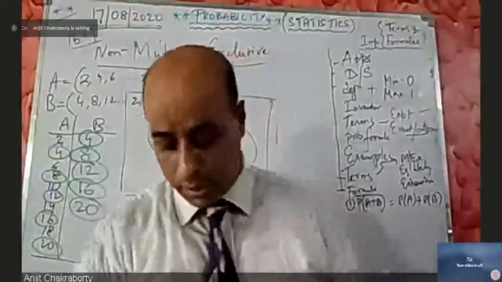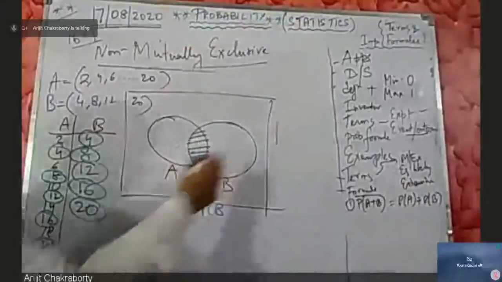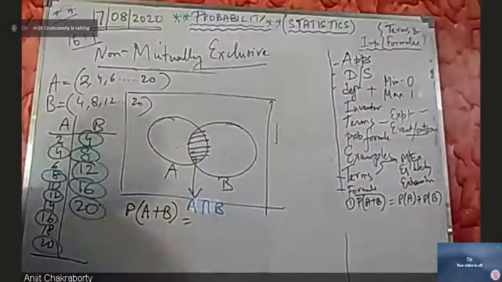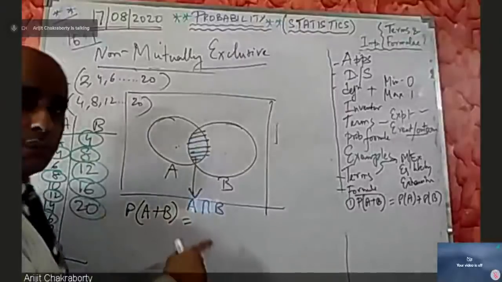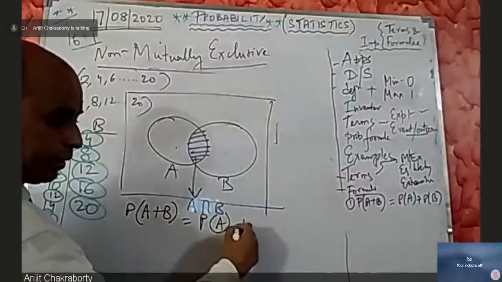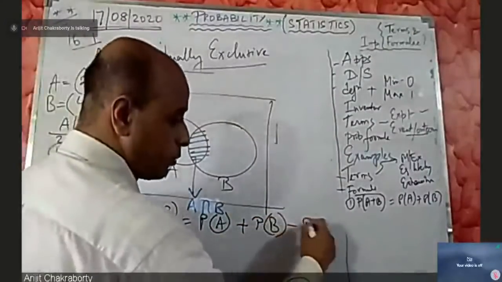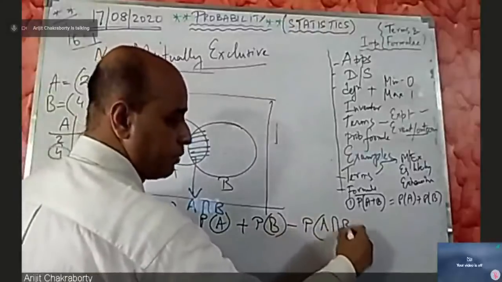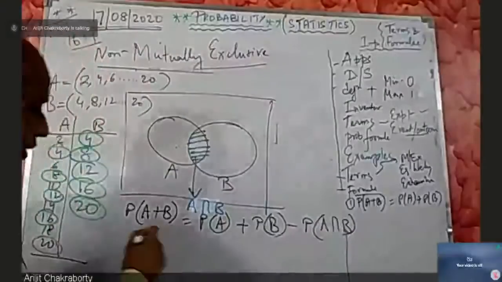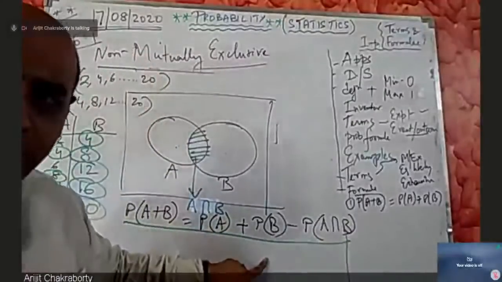In this example, if you are asked a question that for these two events, you have to find out P(A+B), then the answer will be, please note, P(A), probability of A, plus the probability of B, minus the probability of A intersection B. So please keep a note of this formula. The same formula which we have done for set theory. No change.